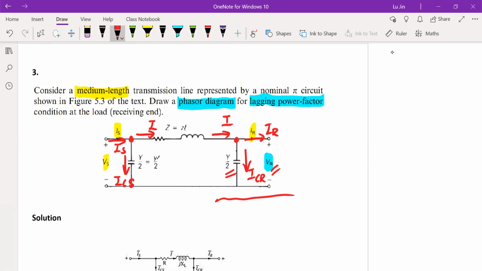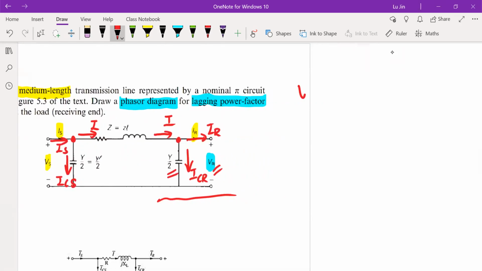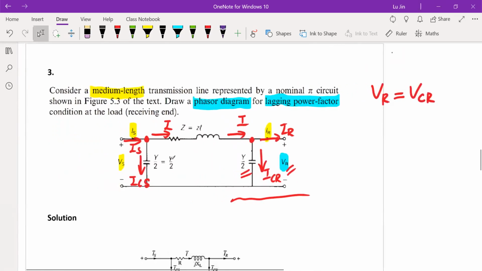In other words, we can write VR is equal to the voltage across the capacitor on the receiver side. Similarly, at the sending side, the VS, this voltage, is equal to the voltage across the capacitor at the sending end, VCS. Okay, this is just about the voltage.